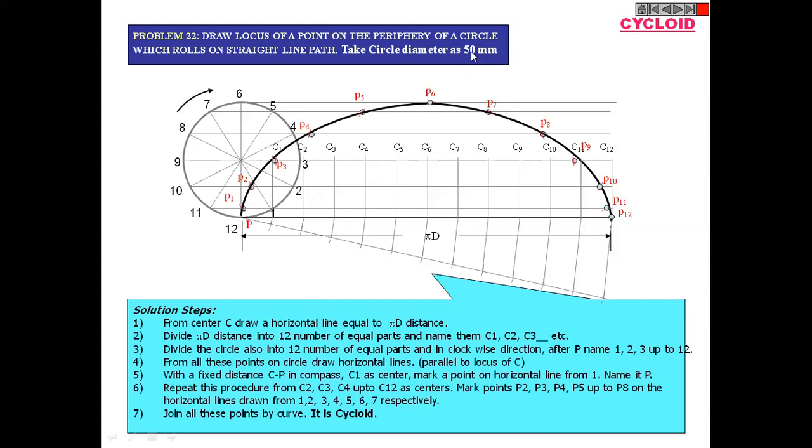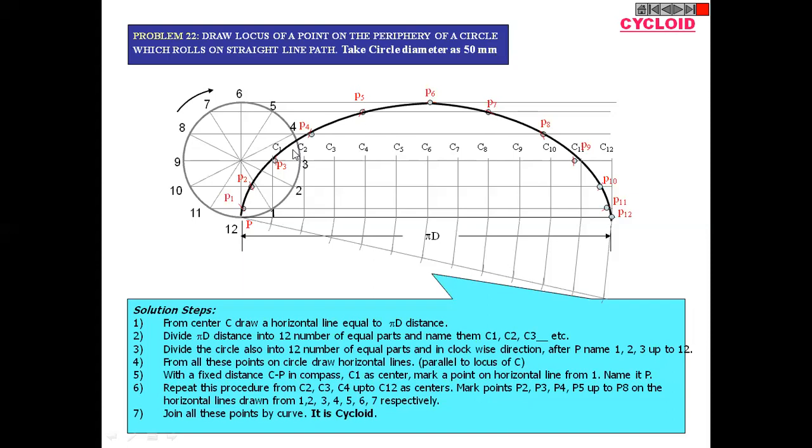If the diameter is 50, then consider the different positions of the circle. First, consider C1 as a center, with 25 mm distance in the compass. Set the pointer at C1 and mark an arc on the horizontal line passing through point 1.